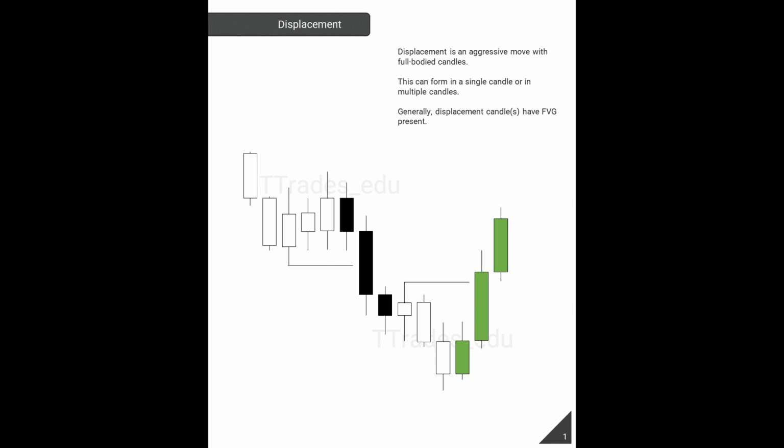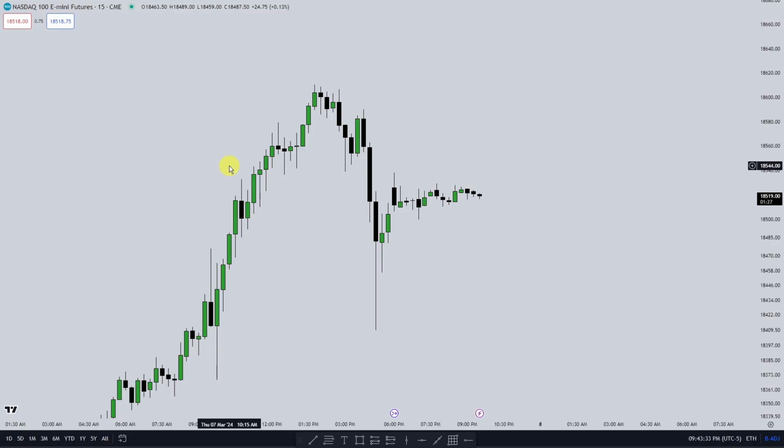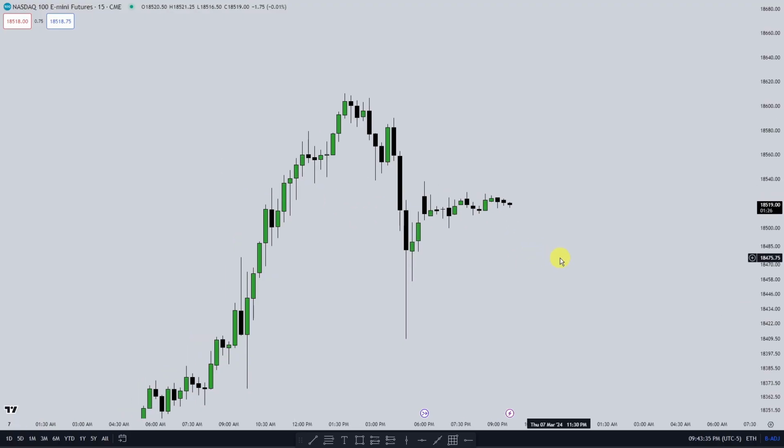All right, and then now we're just going to go into the charts, and I'm going to go over on the actual charts what a market structure shift looks like with a bullish trend turning into a bearish trend, and a bearish trend turning into a bullish trend.